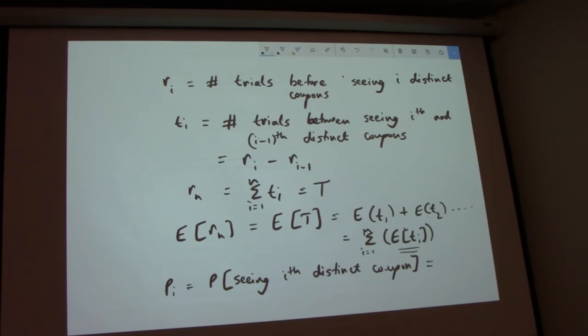So that is nothing but (n minus (i minus 1)) over n, right? Then you can see that this looks like a geometric distribution of sorts. So then expectation of Ti is nothing but 1 over Pi. So that is n over (n minus i plus 1), right?